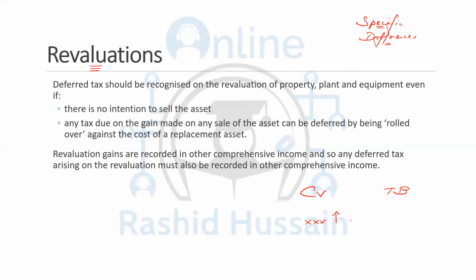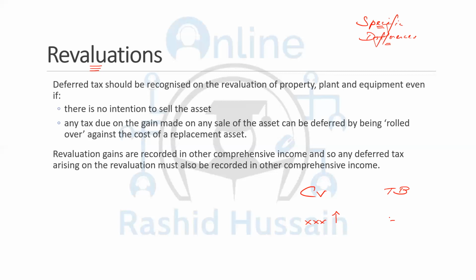When we are talking about an upward revaluation, the carrying value should increase. But the tax base remains static because the taxation authority does not accept this increase in the value of the asset as part of the revaluation. Because obviously when you're doing the revaluation, you're just increasing or decreasing your book values, and there's no inflow and outflow pertaining to that.